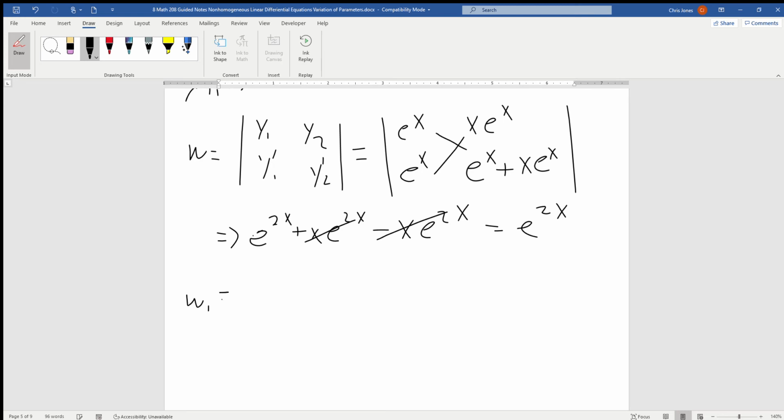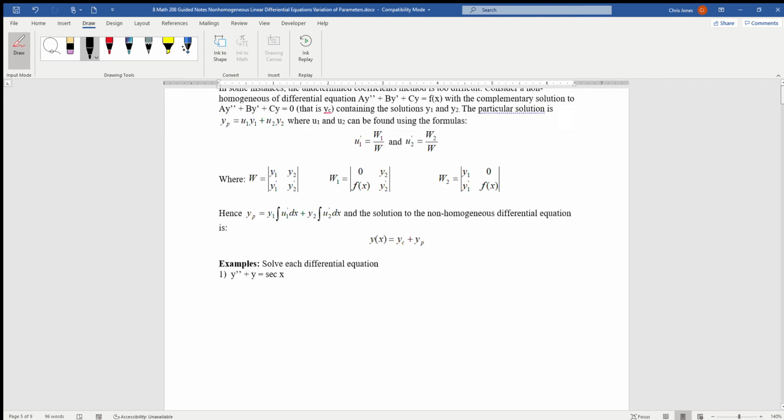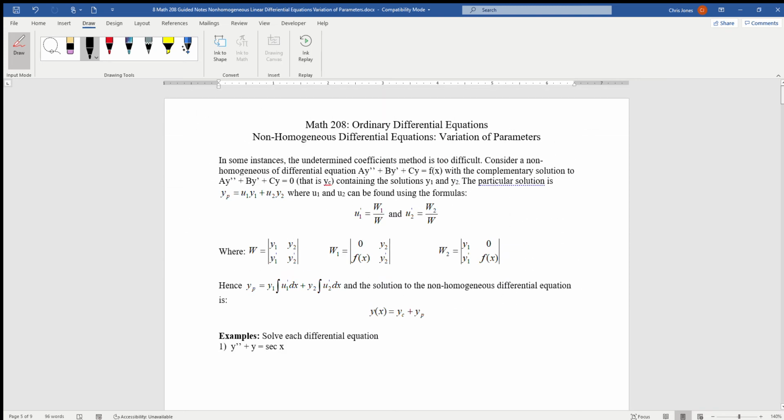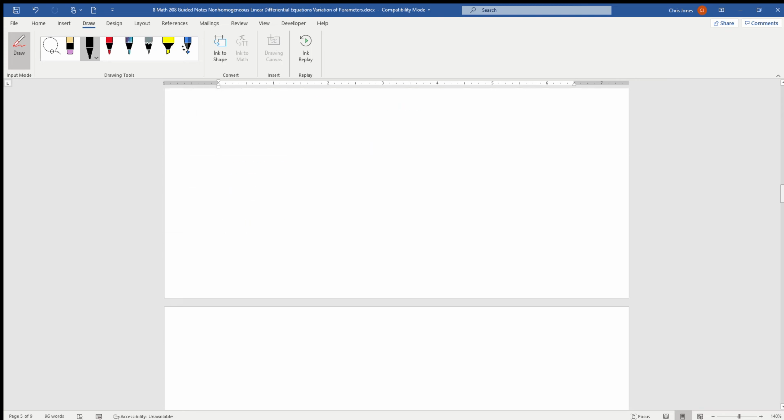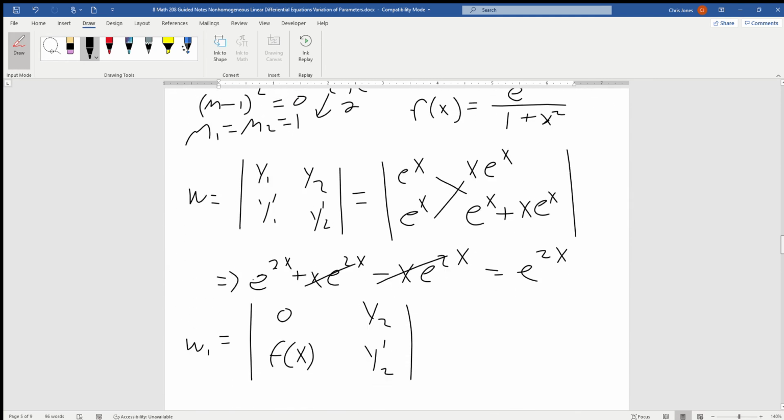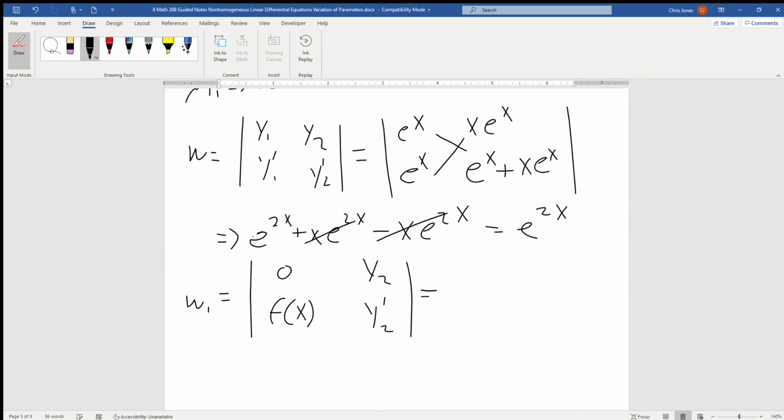w1 is going to be equal to the determinant with 0, f of x, and then y2, y2'. Again, let me verify. I keep forgetting these, I apologize. Yep, 0, f of x, y2, y2'. Getting better. So that's going to be equal to, if you cross down, 0.